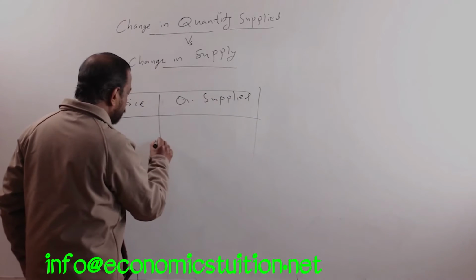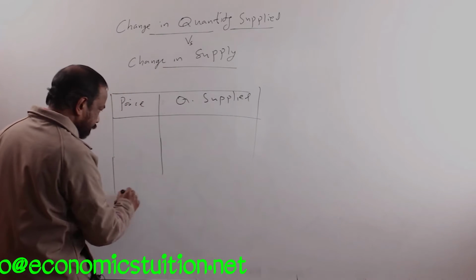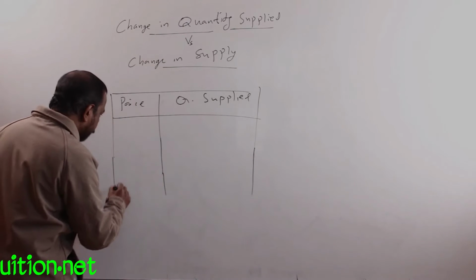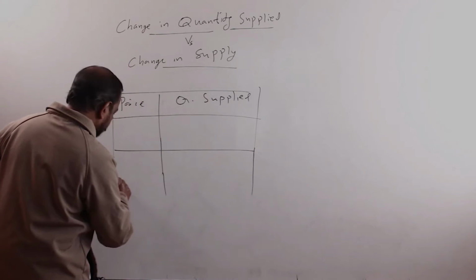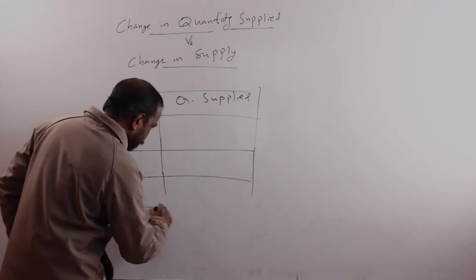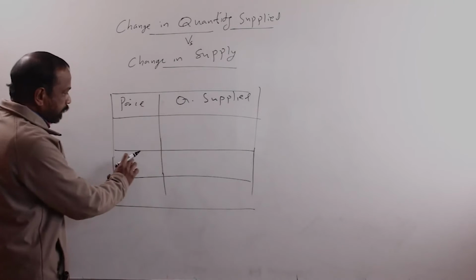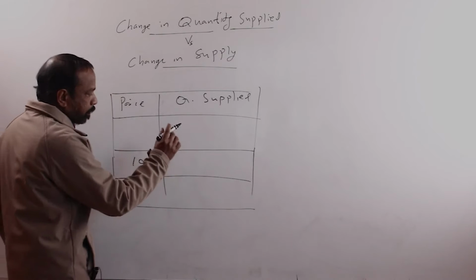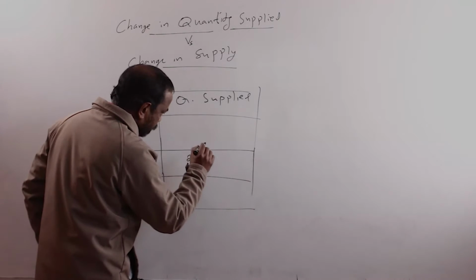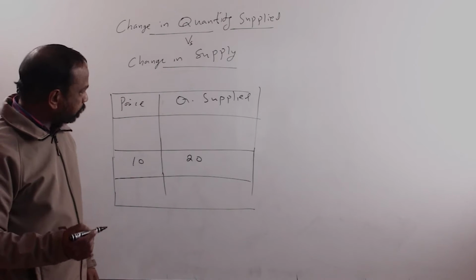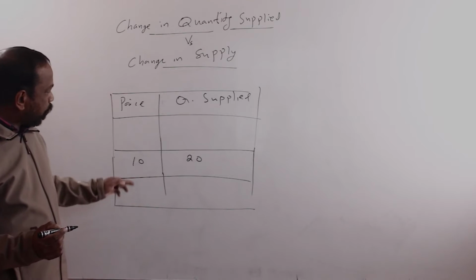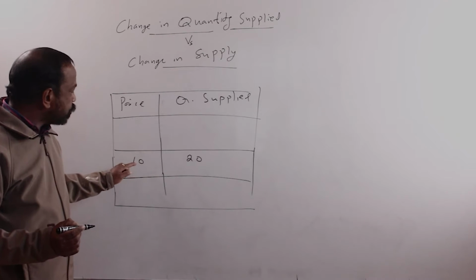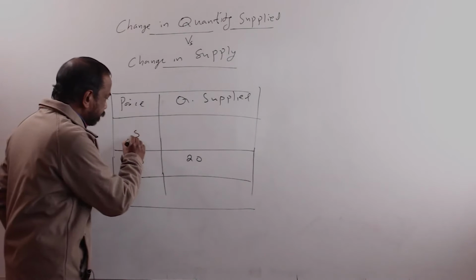Here we are going to choose 3 prices and 3 quantities supplied. Now I am going to start with the middle column, that is, price is 10, quantity supplied is 20 units. Now the price of the commodity falls from 10 to 5.